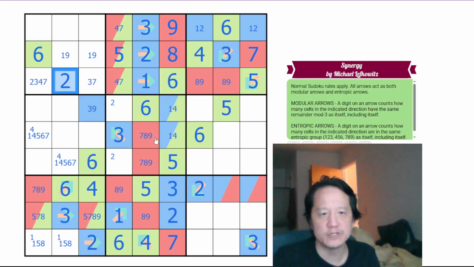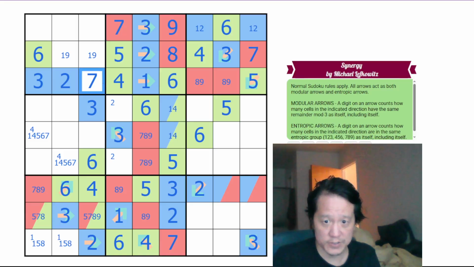Therefore, this must be 2. That means this must be 3. So this can't be 3, that's 7, which makes this not 7, that's 4. This can't be 2, 4, 7, it's 3. So again, we have low, this is middle, this must be high, and is 7. This is high.